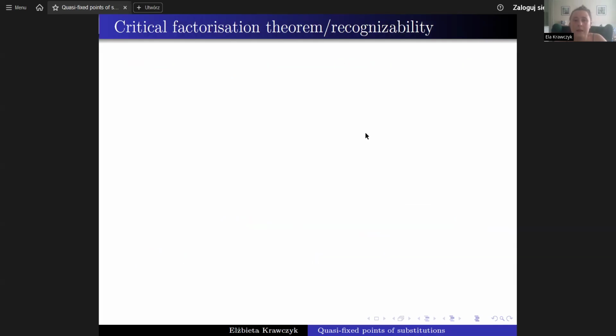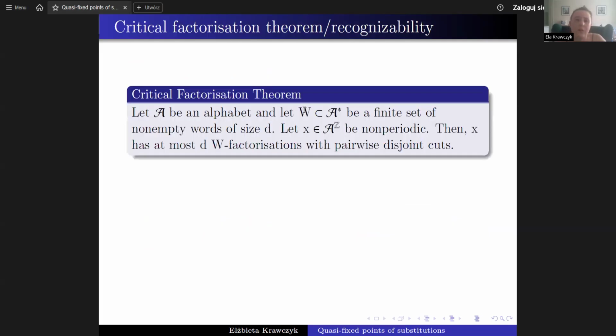And so for critical factorization theorem, just to show what this is, probably known for most people here, but maybe not for everyone. And this is a very nice result. So I called it critical factorization theorem. It's actually more of a corollary of a critical factorization theorem.